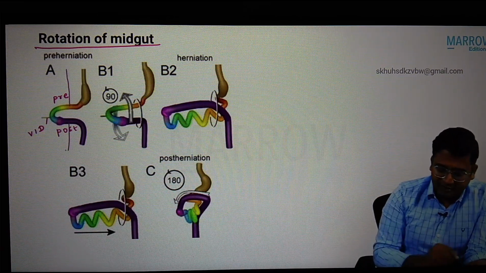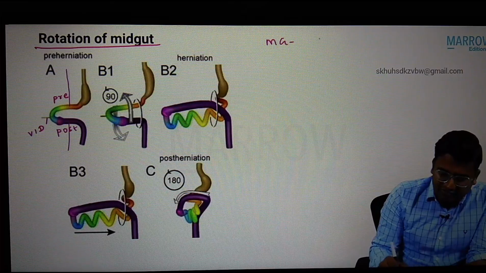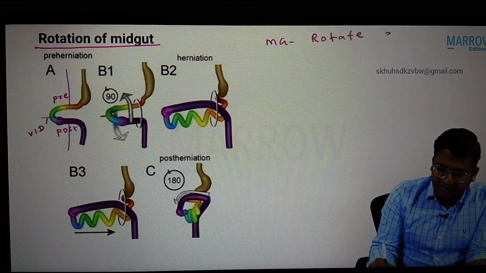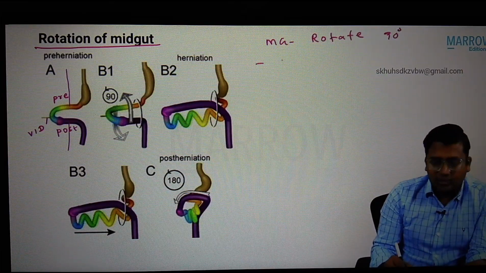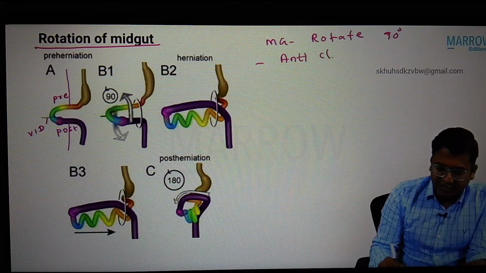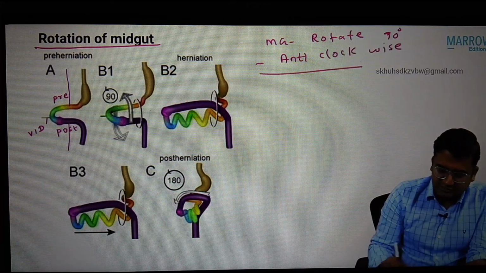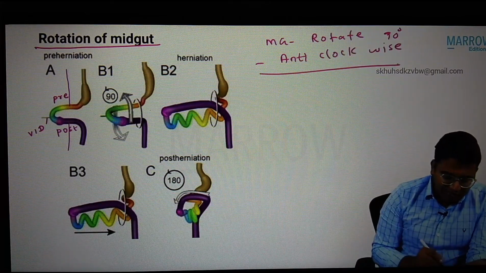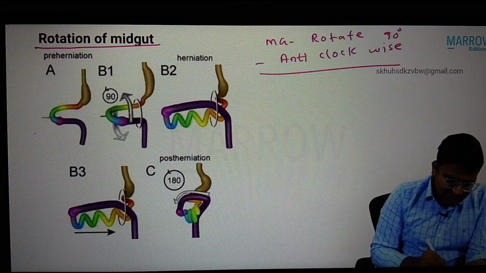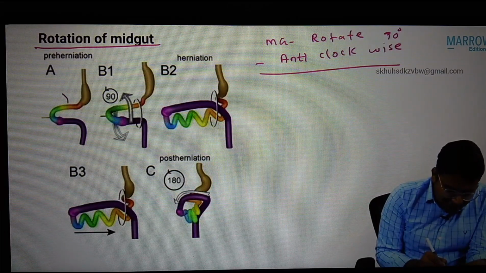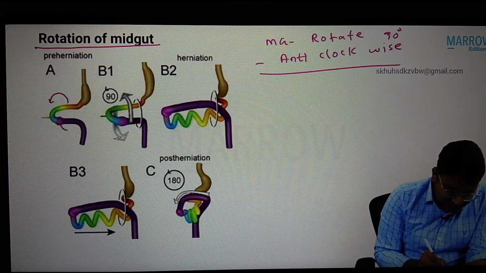Now this is the cavity, say for example. Okay. Right. So midgut first rotates 90 degrees in the counterclockwise direction or anti-clockwise direction. Now what will happen because of that? See the diagram here. Now they rotate in the anti-clockwise direction like this.